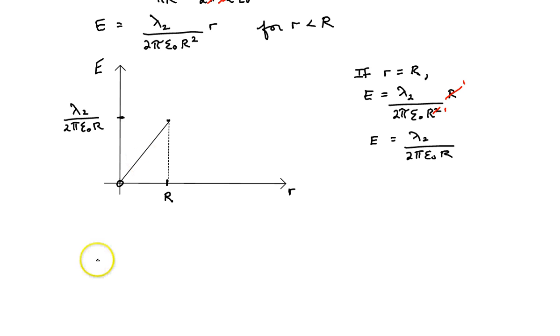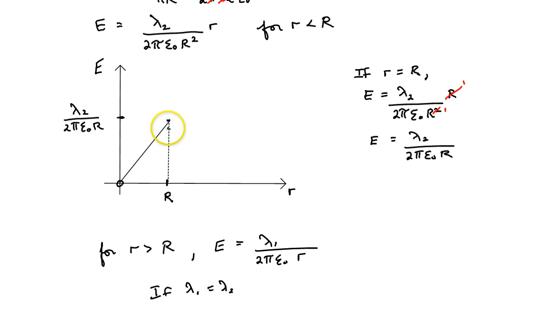And as we had before in the past, for r greater than bigger R, nothing's really changed now. It's the same as the earlier problem, which was this expression. And if lambda 1 equals lambda 2, then it will join right up here, and you'll get this nice inverse curve here, where E is inversely proportional to r.